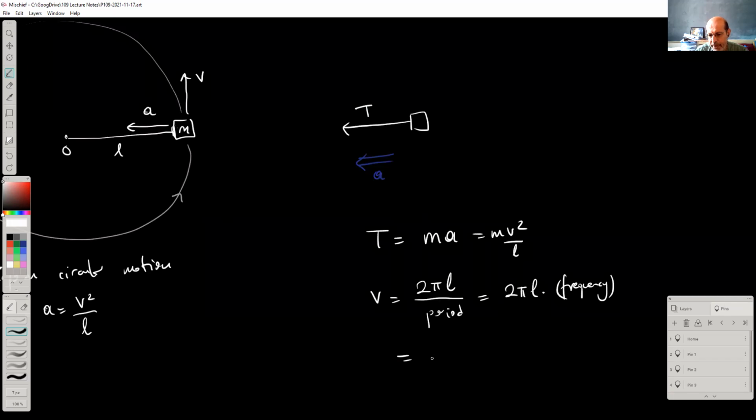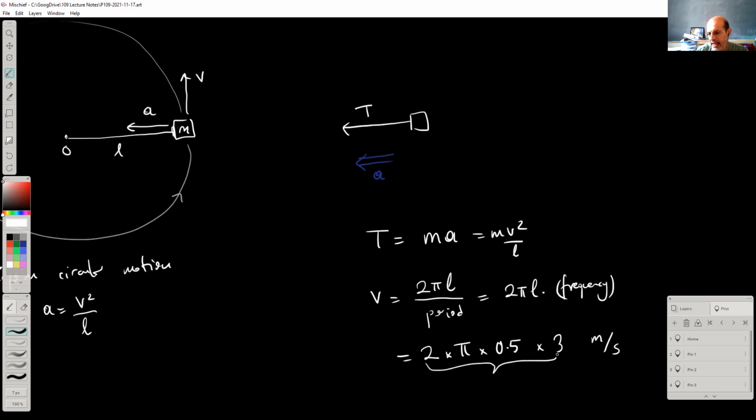So the speed is 2 times pi times 0.5 times the frequency, which is 3. So that's basically this much in meters per second, right?